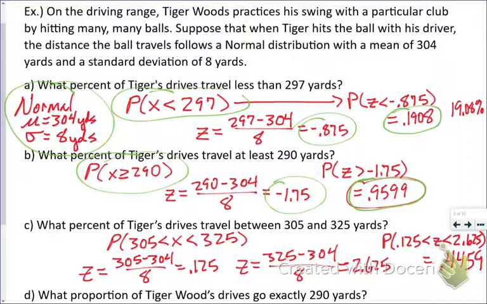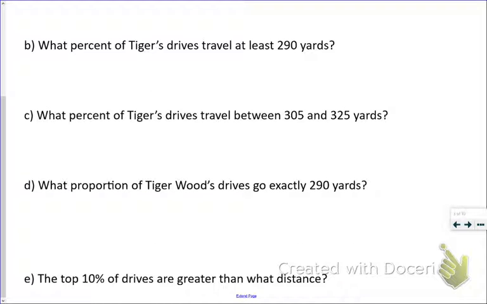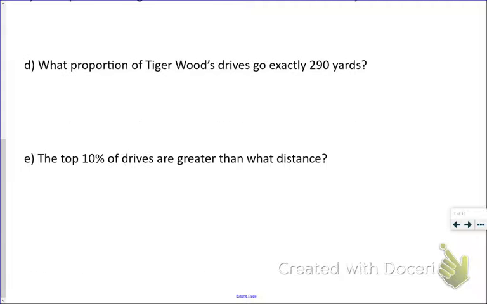All right, almost done. Two more parts, but part E is a little tricky. So part D is actually very easy. Anytime they ask an equality question, the answer is 0. Because once again, this is continuous data, a measurement. We need an interval.